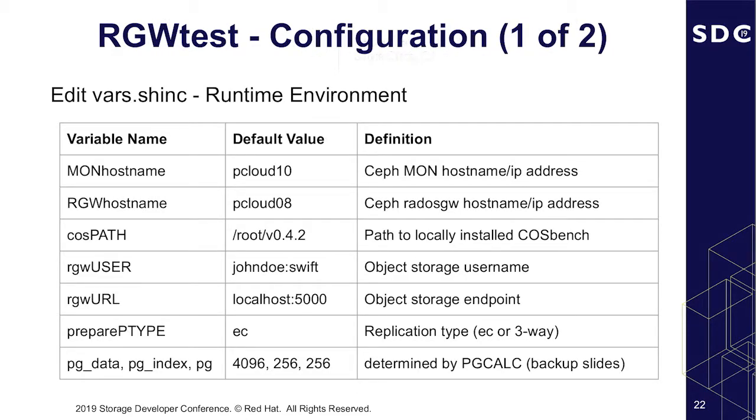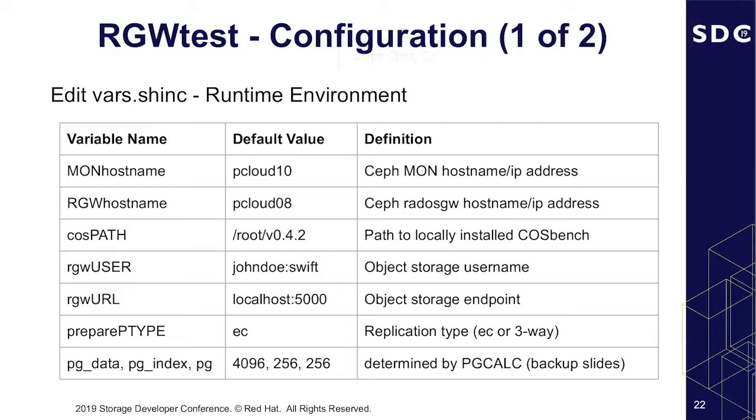I have two slides here that talk about the key variables relative to RGW test configuration. Since it reaches out to the Ceph systems to identify system resource utilization, it needs to know their system names, right? So there's a MON host name, an RGW host name.